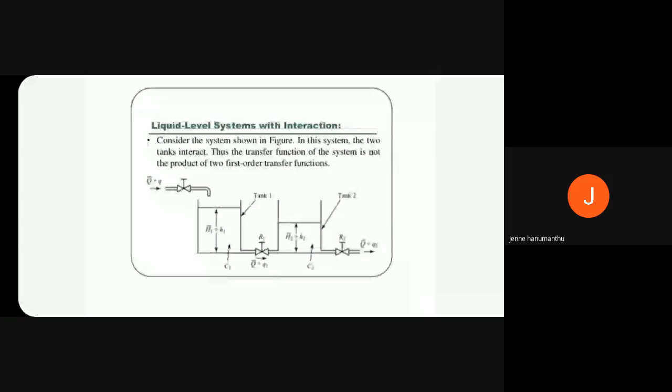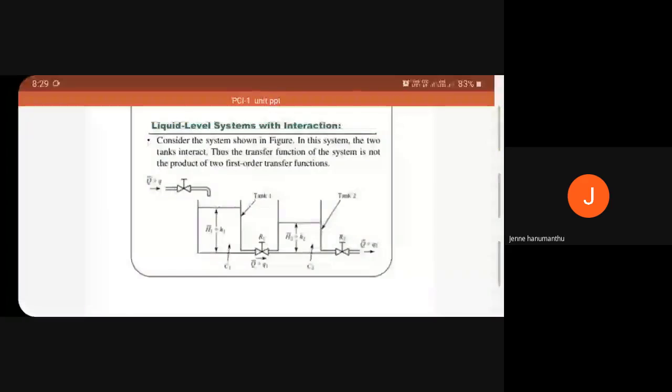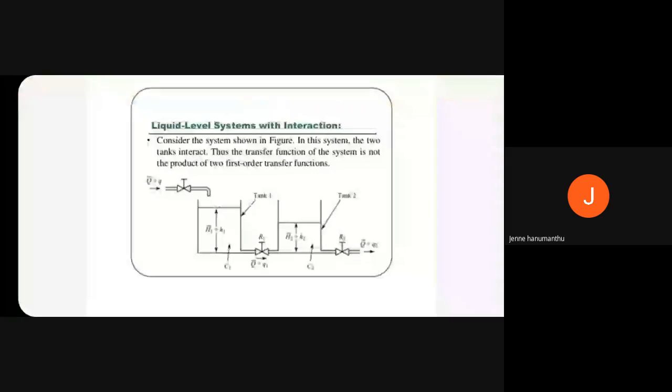Same line means interaction. What is the interaction system? Interaction system means that the tank 2 output flow rate, or the tank 2 height H, depends on valve R1, valve flow rate Q1, or valve head H1.